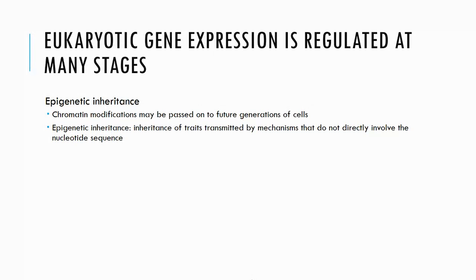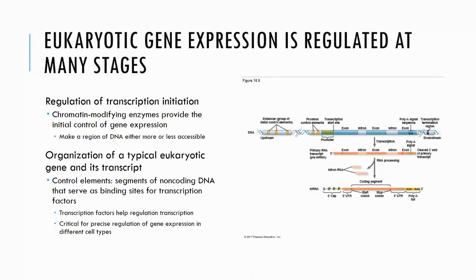So that has nothing to do with the order of the nucleotides, but everything to do with how accessible the gene is. There can also be regulation of transcription initiation, and there are chromatin modifying enzymes that provide the initial control of gene expression, which will also make that region of DNA more or less accessible.